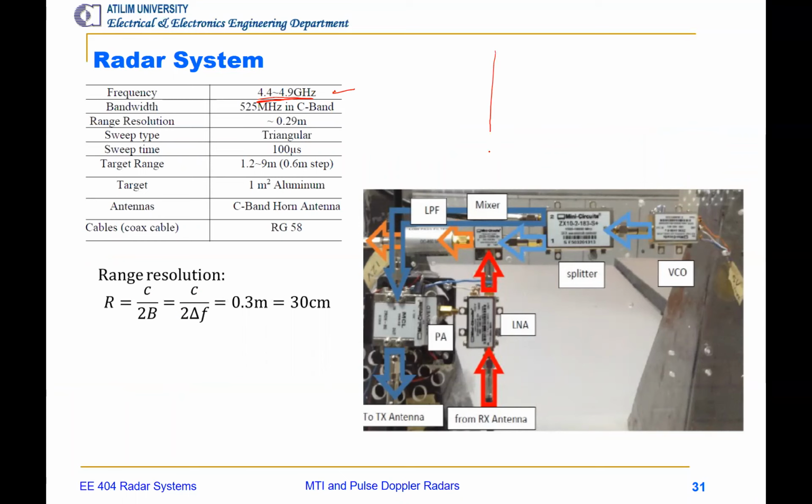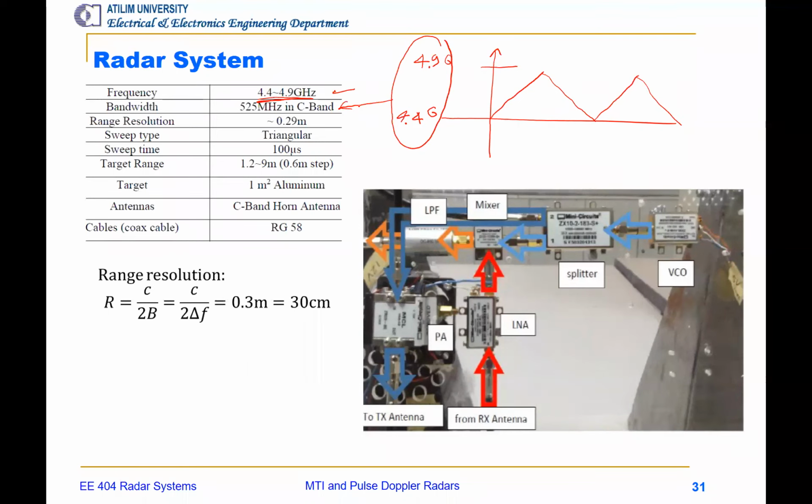So if we consider the triangular modulating signal, then this should be 4.4 and this should be 4.9 gigahertz. This simply gives us the bandwidth of the radar system. So the difference will be the bandwidth of the radar system.